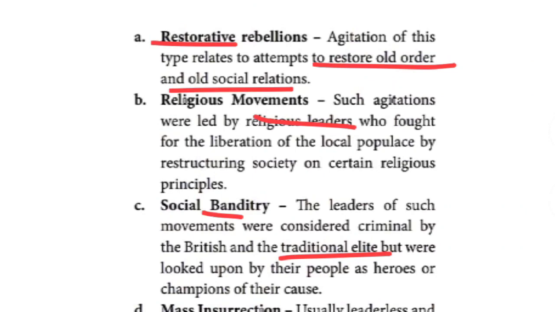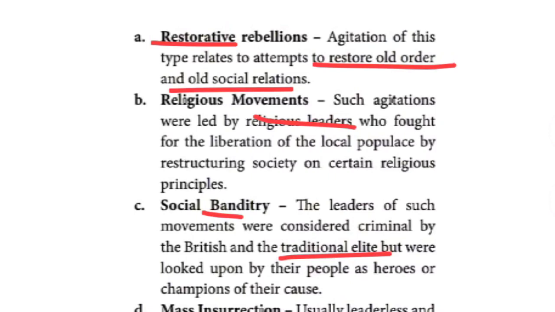So social banditry, in the sense of robbery: this type of leaders were considered criminals by the British government, and at the same time they were considered heroes by the traditional people of India.